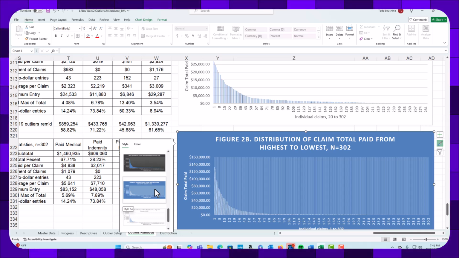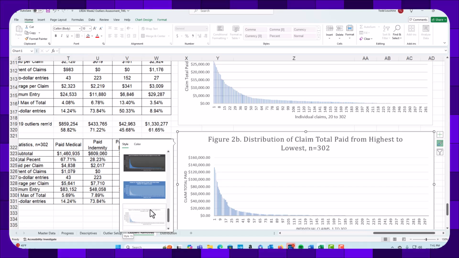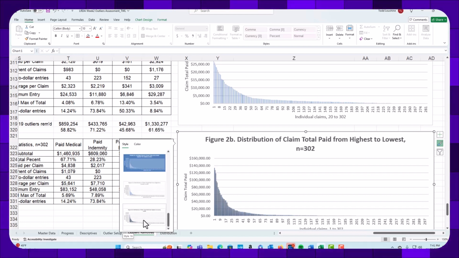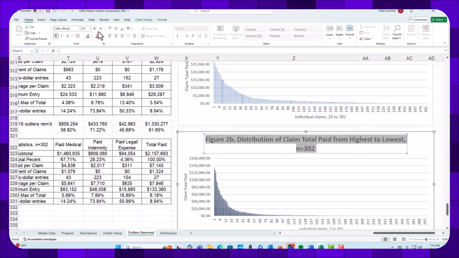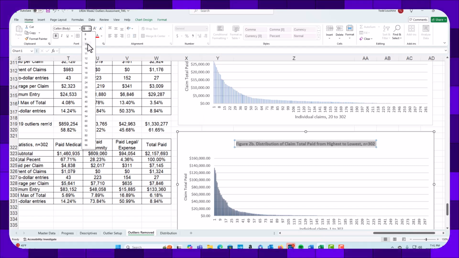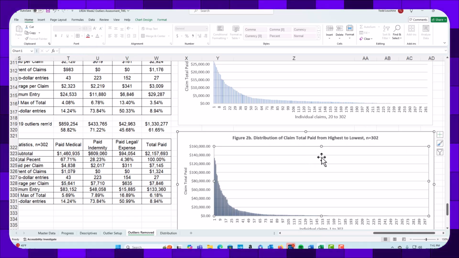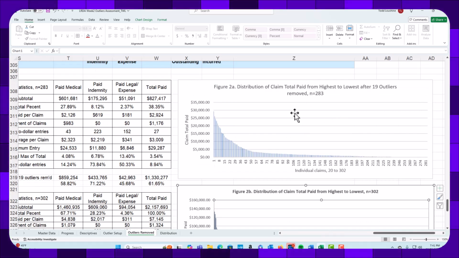That's kind of funky, isn't it? I'm just going to go with that one. I'm going to shrink this down, though. I might just go to 10. Oh, there we go, it fixed itself.